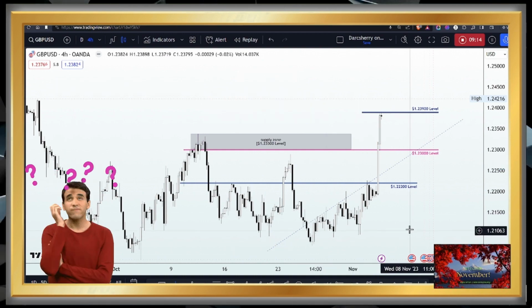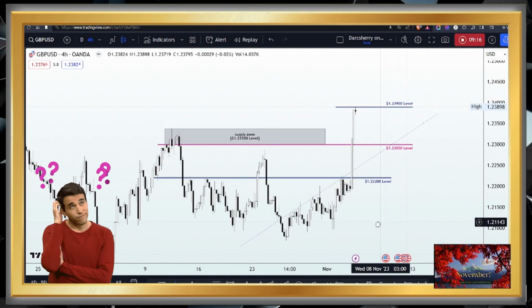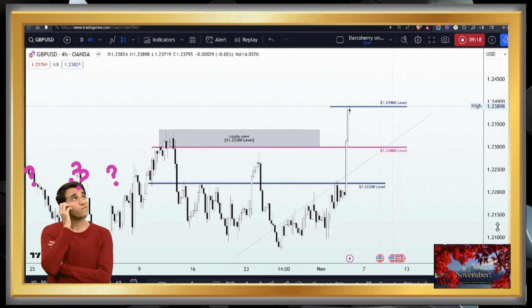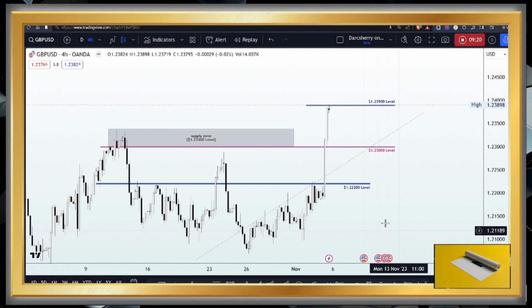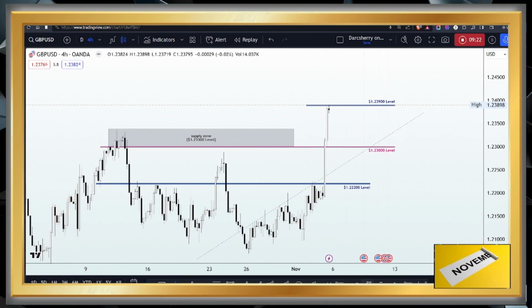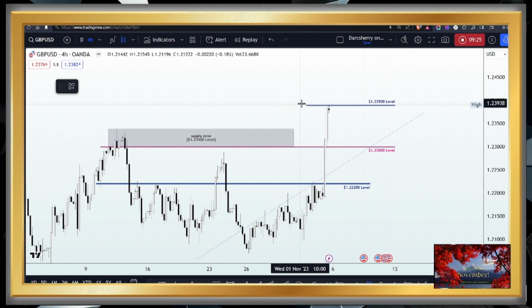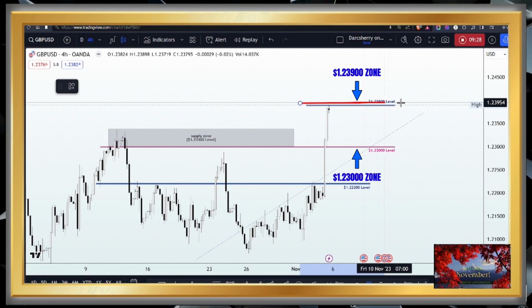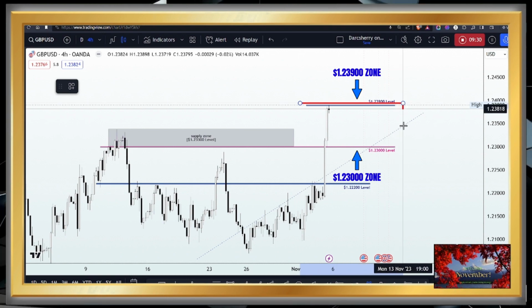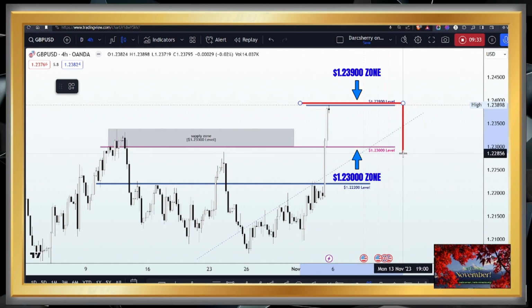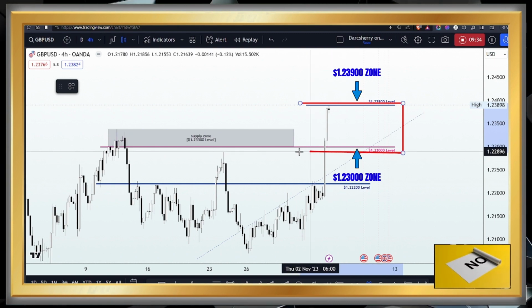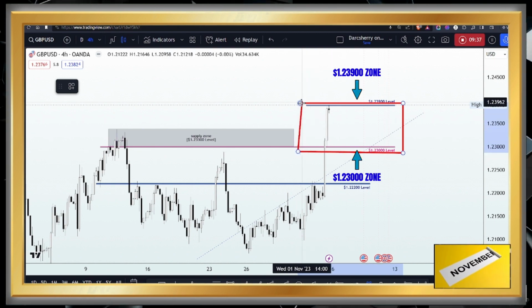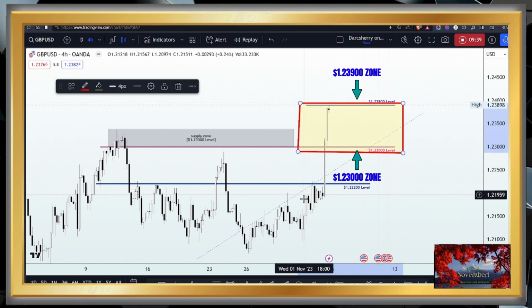So how do we intend to capitalize on the next move going into the new week? Well, first of all, I want to emphasize that the highest point price action has been for this last week is the 1.239, giving us a range where there is a tendency for price action to do some consolidation phase before the next course of action will happen.